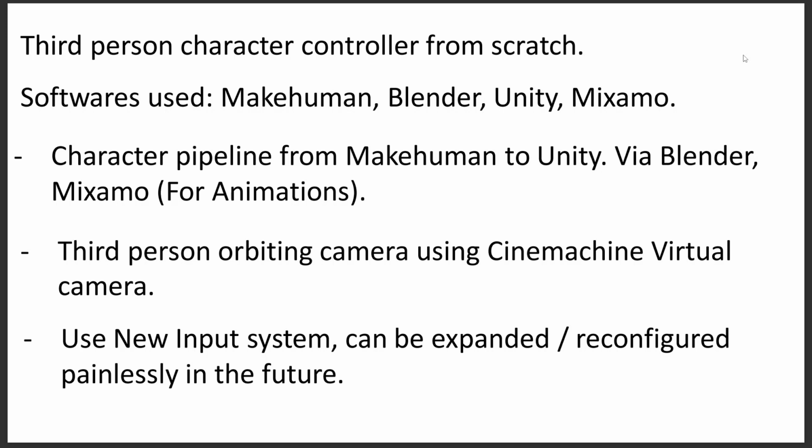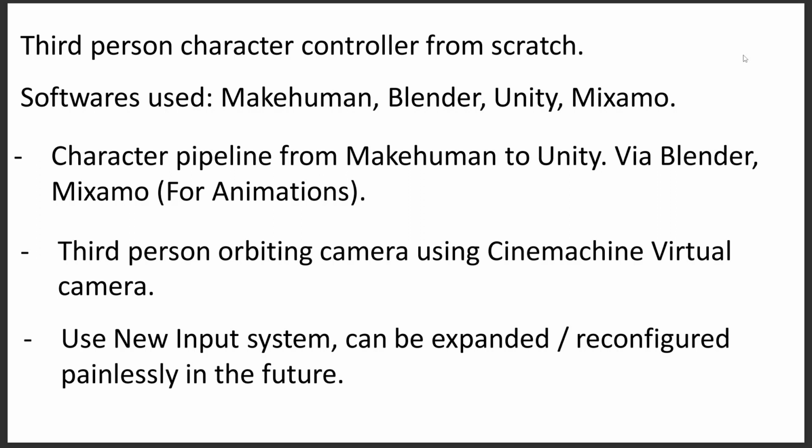That is it. We are going to do the third person controller using the software Make Human, Blender, Unity, and Mixamo. All these are free for complete use. Make Human is the realistic human development or human modeling software, including modeling and rigging, all those things.